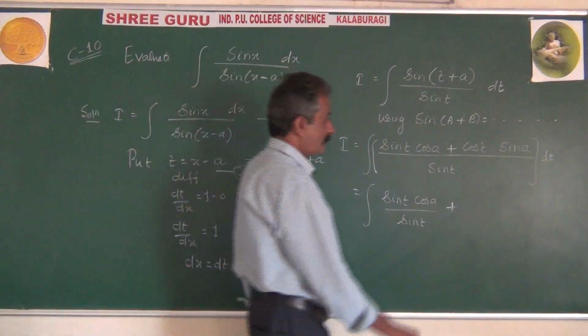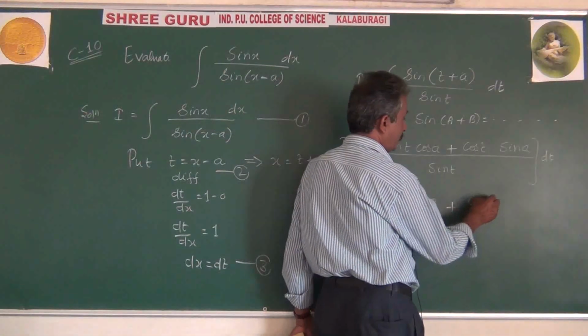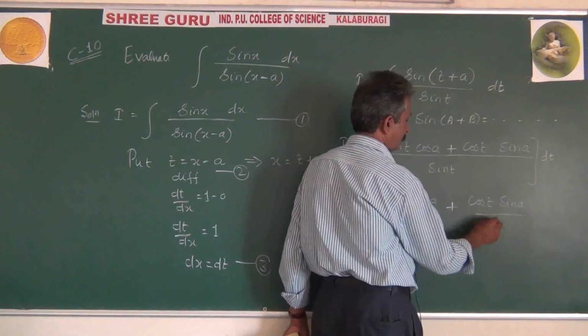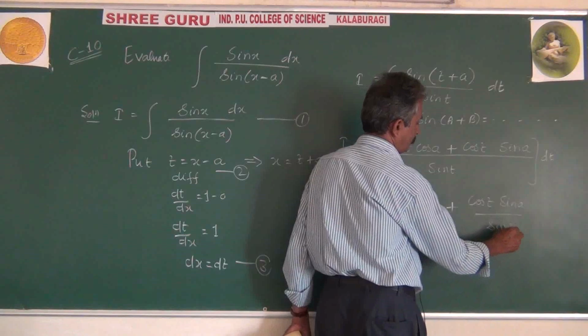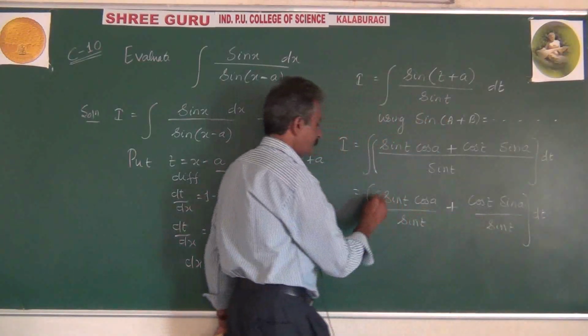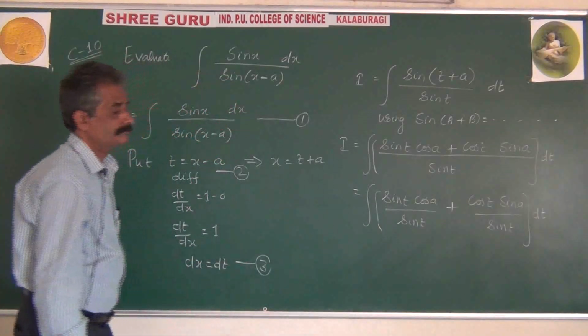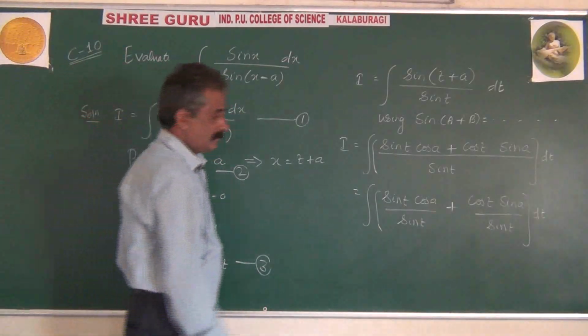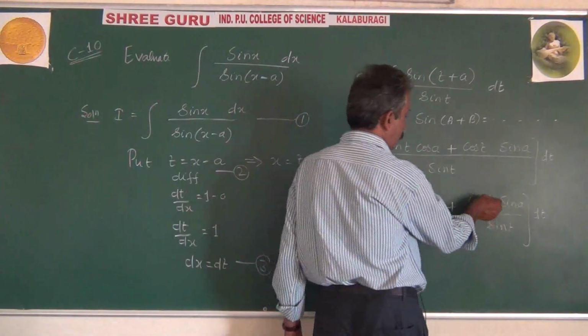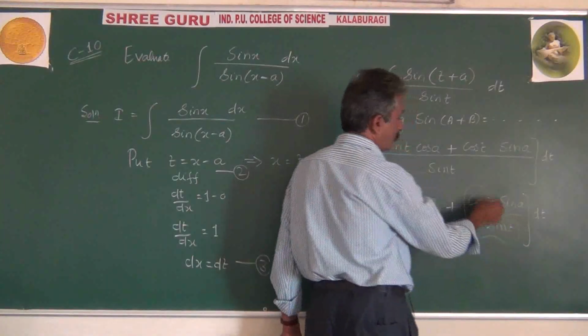Next term cos t sin a divided by sin t. So here sin t cancels, but here cos t by sin t will become cot t.